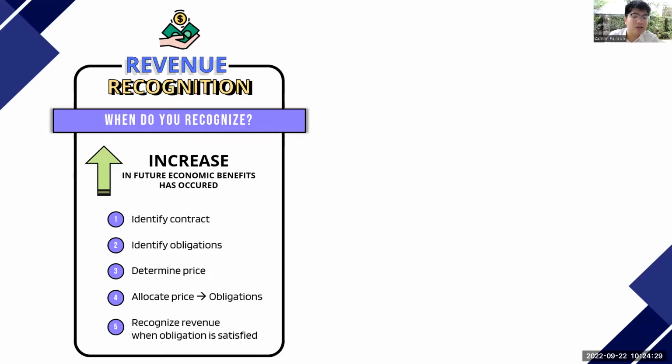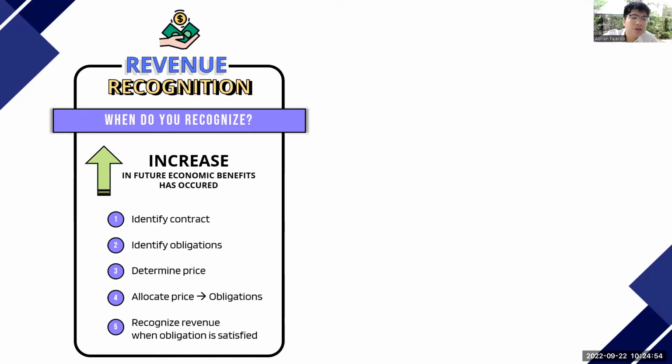And then allocate the price to the obligation. So again, the obligation for me is to pay the 4,000, and for them, once they receive the 4,000, to give me the shoes. And then recognize revenue when the obligation is satisfied. So from the perspective of the selling company, Toby's, they recognize revenue when nabigyan na nila yung obligation, which is to give me the pair of shoes.